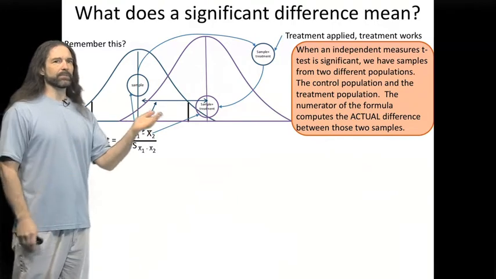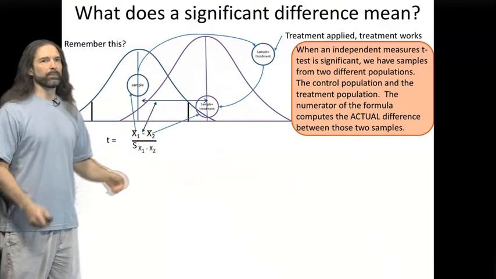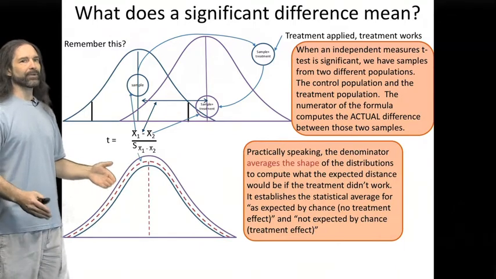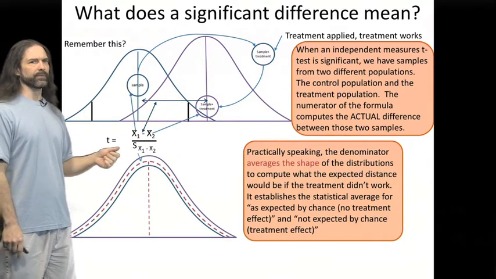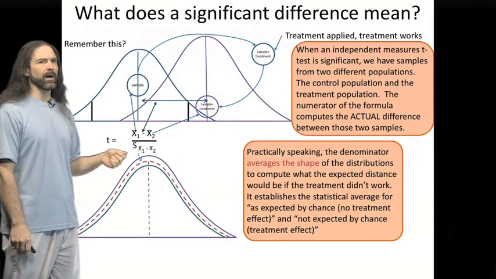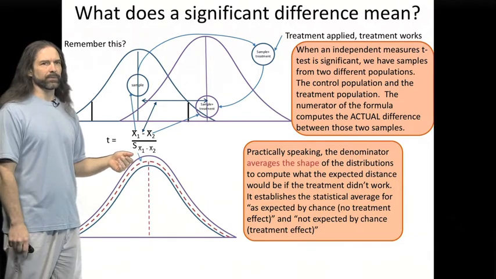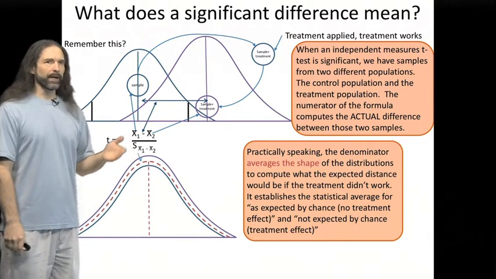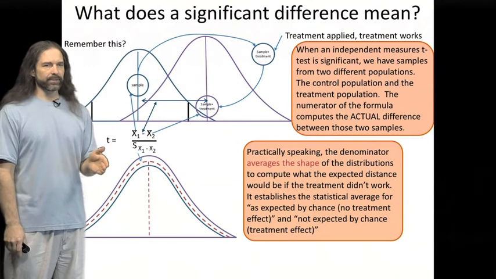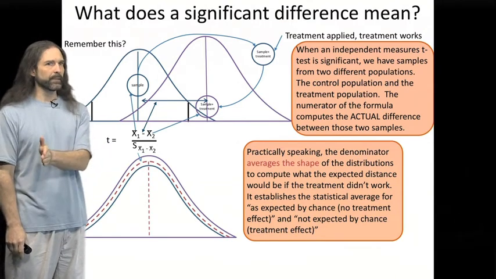If that distance between groups is more than would be expected when we average the shape of those two distributions, because effectively that's what this denominator is doing, I need to estimate the variance of that sampling distribution. Remember, standard error is, conceptually, the average distance of a mean from the mean of the means.